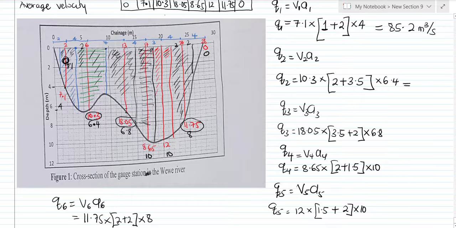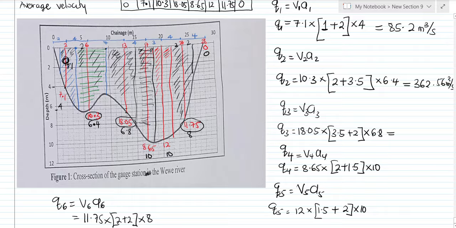This is going to give us 10.3 times 5.5 times 6.4, and that is 362.56 meter cube per second.